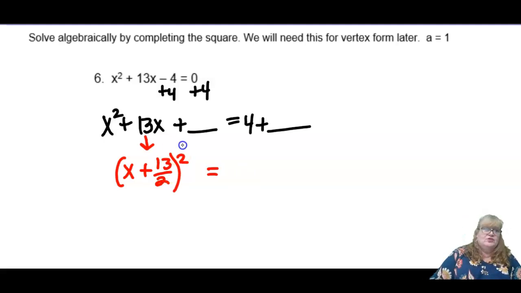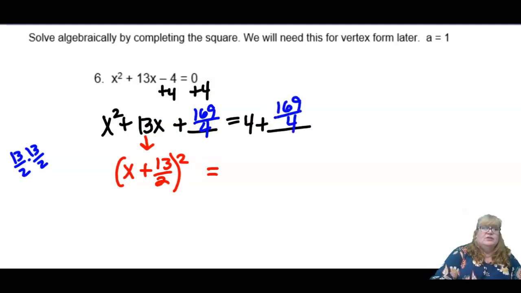Now, 13 over 2, when you square it, means 13 over 2 times 13 over 2. So 13 times 13 is 169, and 2 times 2 is 4. So we add a 169 over 4 to both sides. Now, to make life easier, let's just jump onto the calculator, which unfortunately I don't have turned on yet.